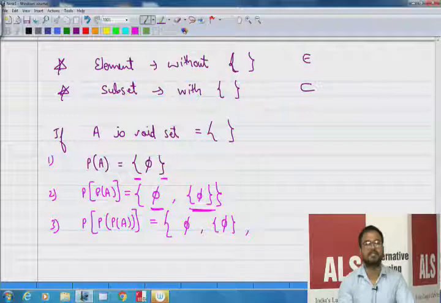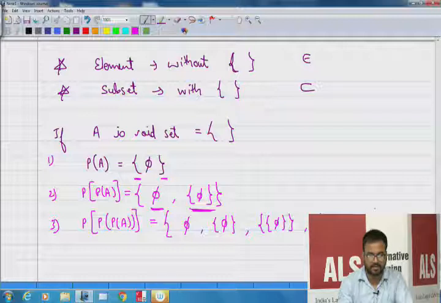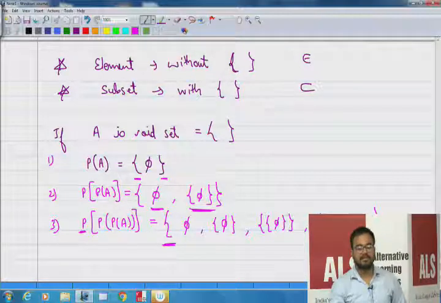The second element would be this one, it is already with the curly braces, but again we will write it in the curly braces, and the fourth one will be the complete thing itself, and the closing of this one. These starting and final brackets are for this P, and in between I have written all the subsets of that one.